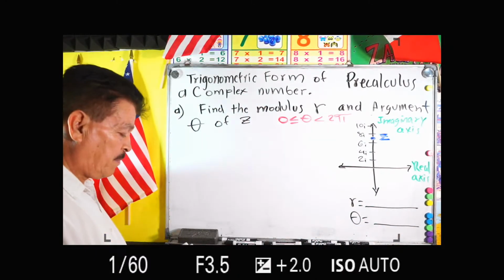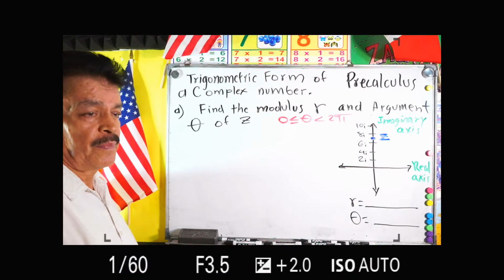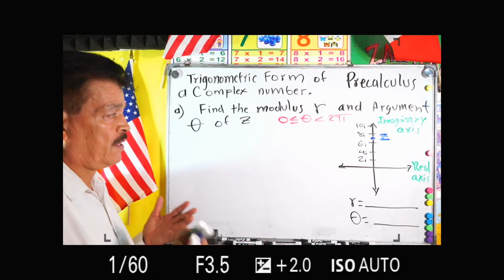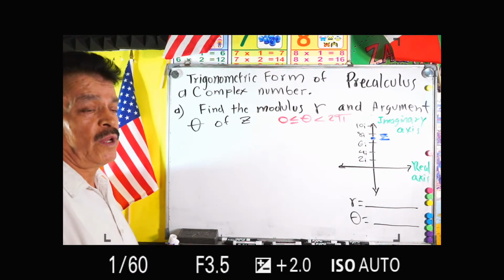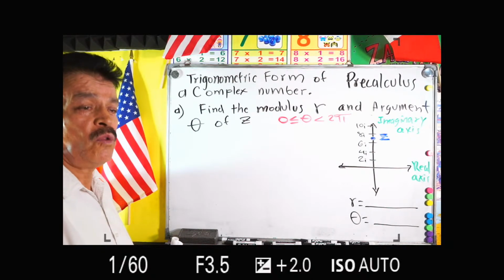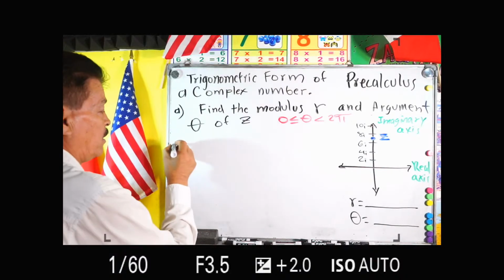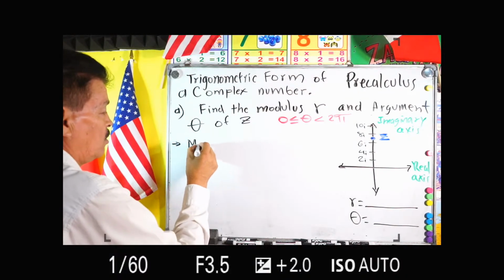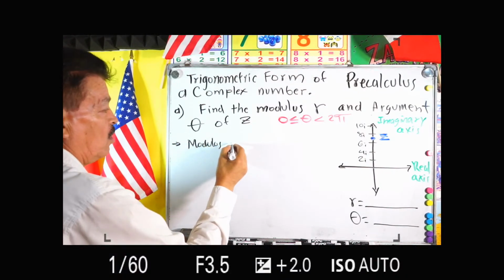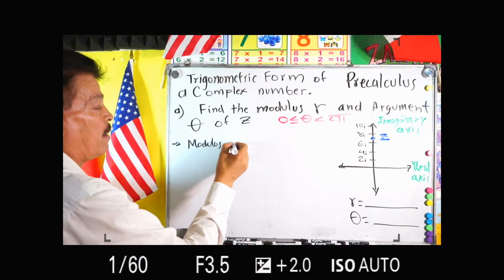So here in this case, the main idea of our class today, we have to know what I mean by the modulus or absolute value. That's what we call modulus, or absolute value.